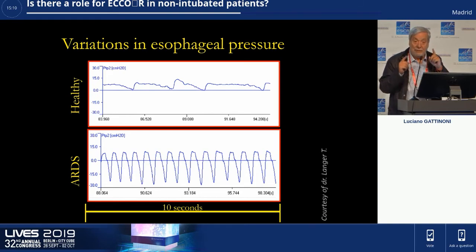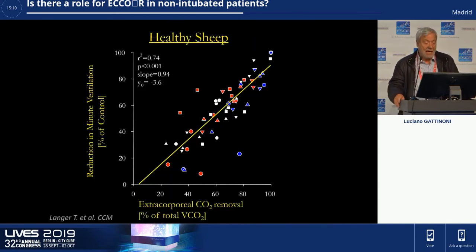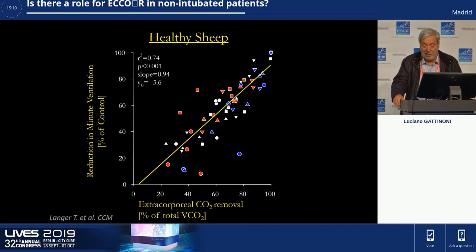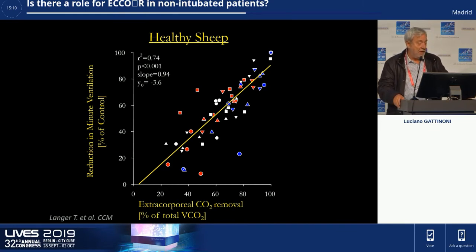But I'm afraid that artificial intelligence also has some artificial stupidity together. It's unavoidable. Anyway, you can see that with extracorporeal CO2 removal, we have a big reduction of the minute ventilation, which is a function of the CO2 which is eliminated.